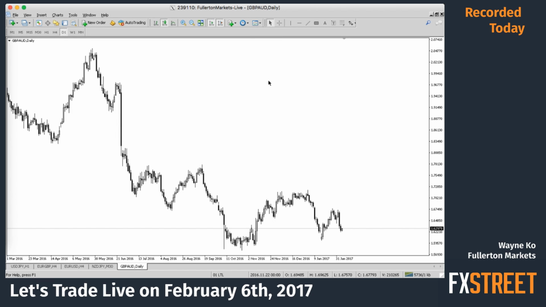Okay, for Pound Aussie, there's a pretty strong resistance on the daily time frame.